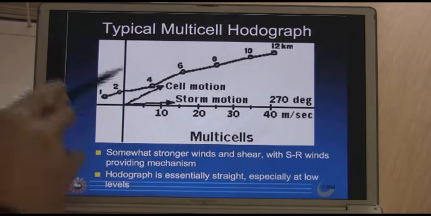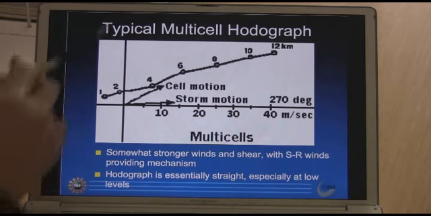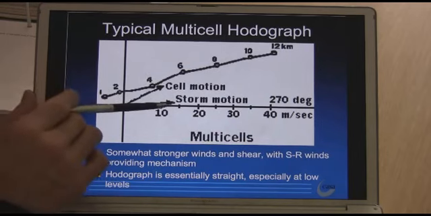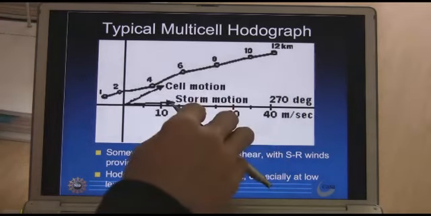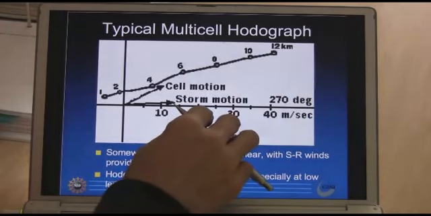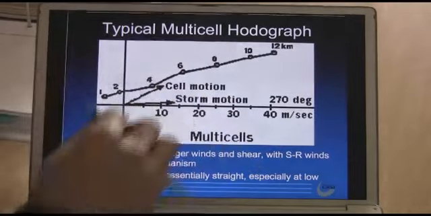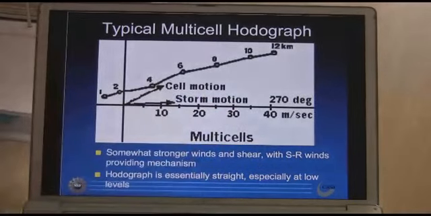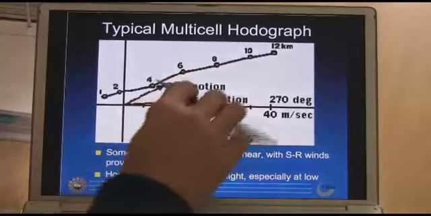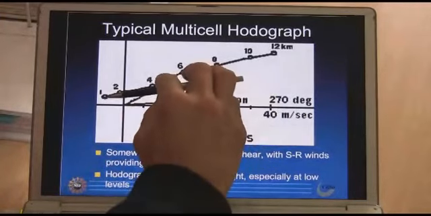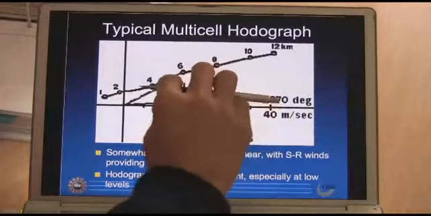Now a typical multi-cell hodograph, where you would have, for example, cell motion and storm system motion. We saw earlier how those could be different. We have stronger winds. Interestingly enough, the hodograph is kind of straight, especially down at low levels. Let's take cell motion, because that would be the motion of a given updraft. Let's draw the storm motion vector back from the cell motion to the hodograph at 1 kilometer, 2 kilometer, 4 kilometer altitude.